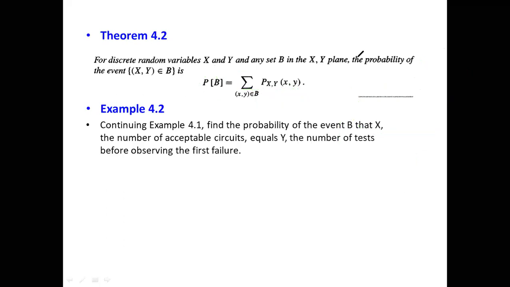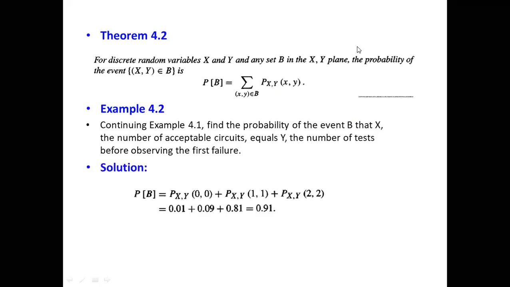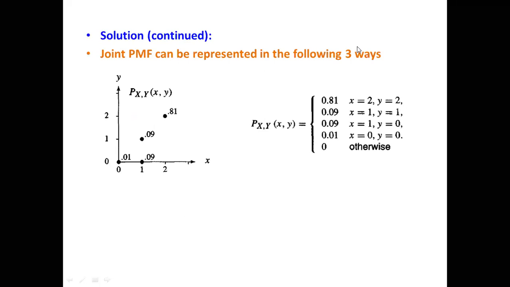The example is telling, continuing example 4.1, find the probability of the event B that X, the number of acceptable circuits, equals Y, the number of tests before observing the first failure. So in the previous example, we had 4 particular points, isn't it? If you can remember, if we go back, look at this one.